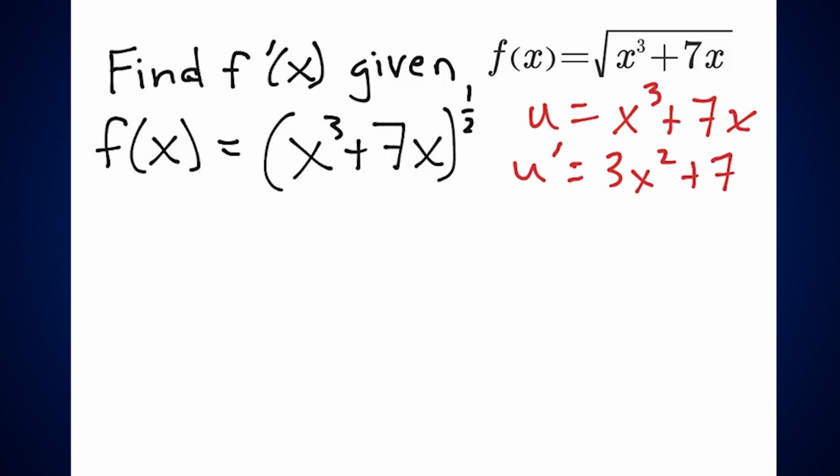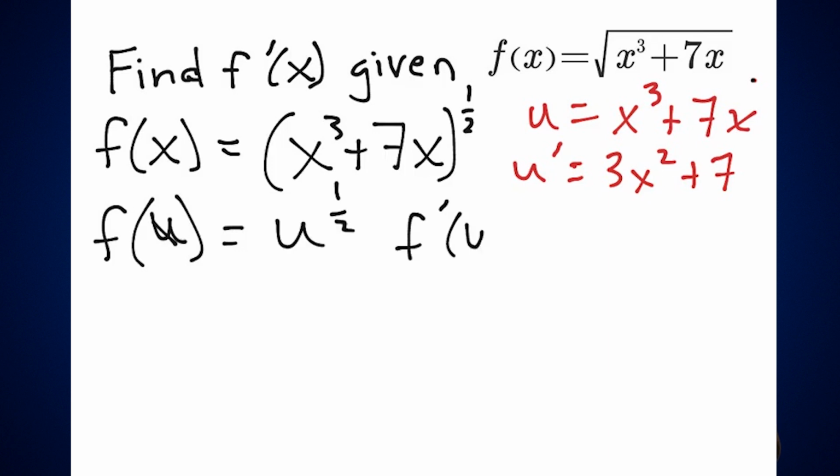So if we write it in terms of u, we have f of u is equal to u to the 1/2. Then f prime of u would be 1/2 u to the negative 1/2 times u prime.